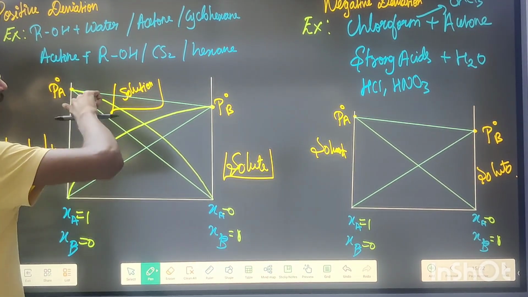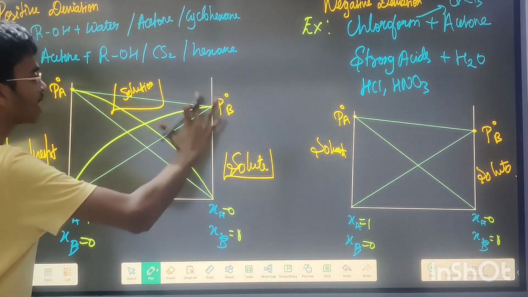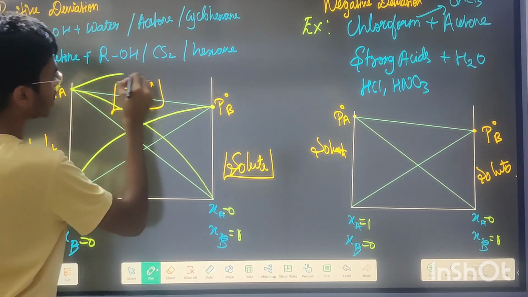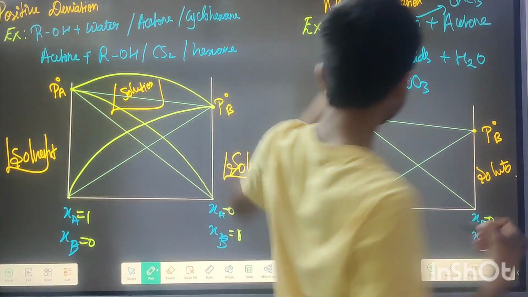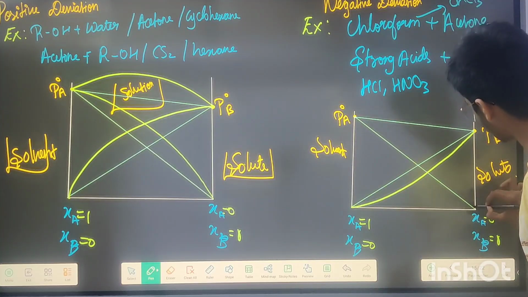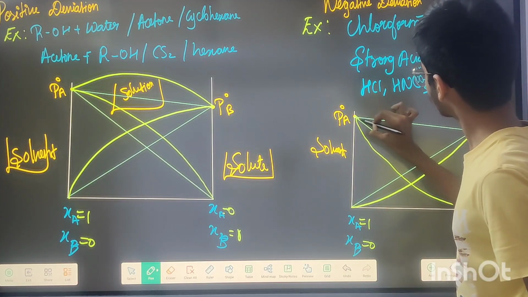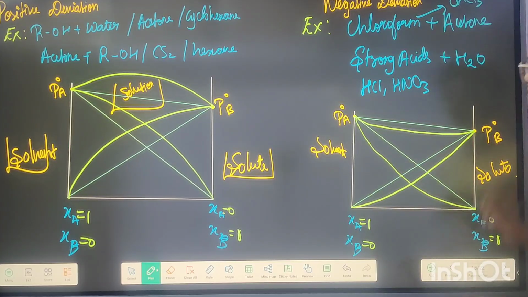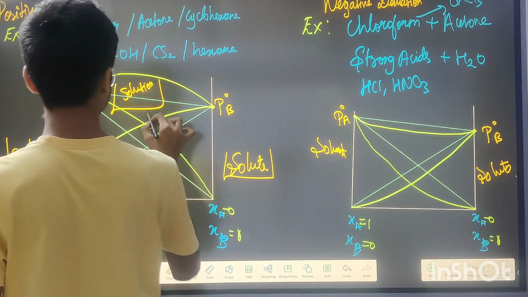When you have an increase in this line and this line, automatically there will be an increase in this line also. When you are having negative deviation, this deviation is going to be like this, and that deviation is going to be like this, then automatically this deviation is also going to be like this. This deviation, that deviation, and all these deviations.